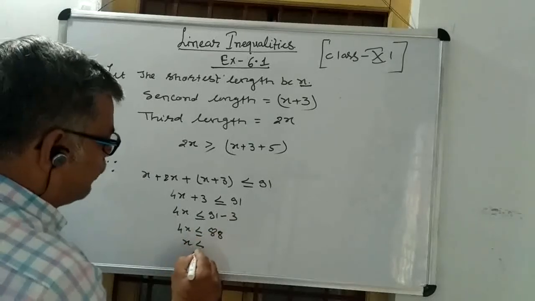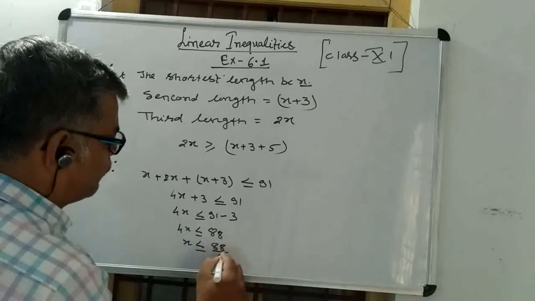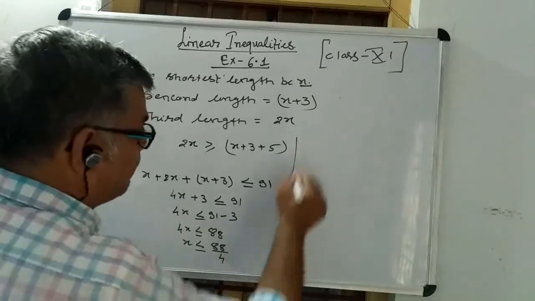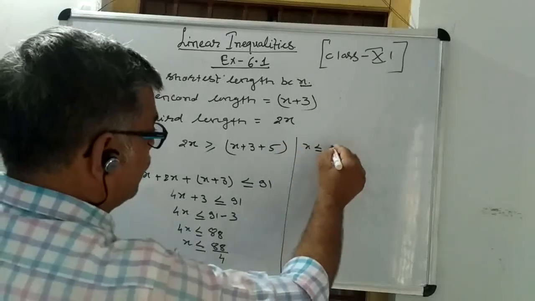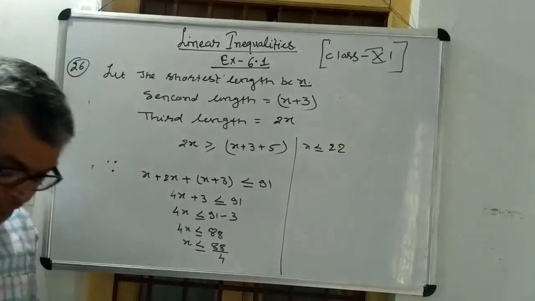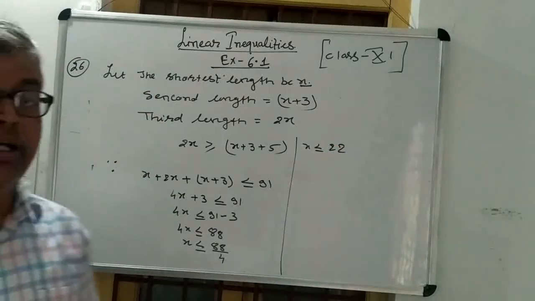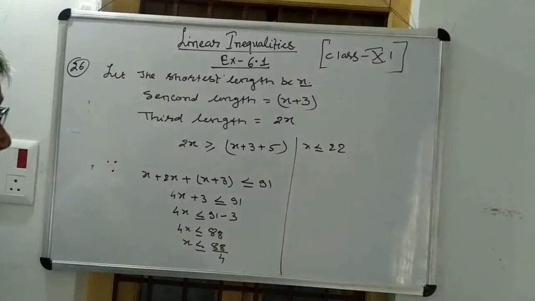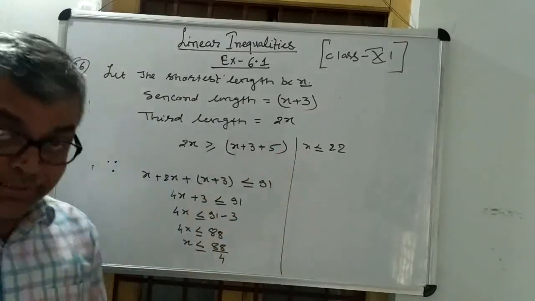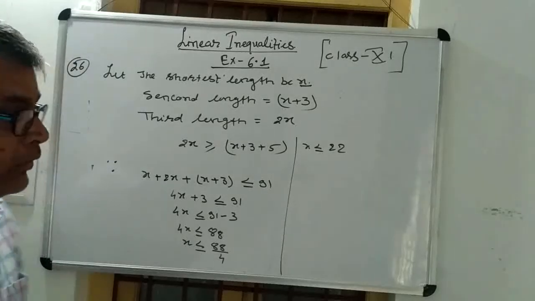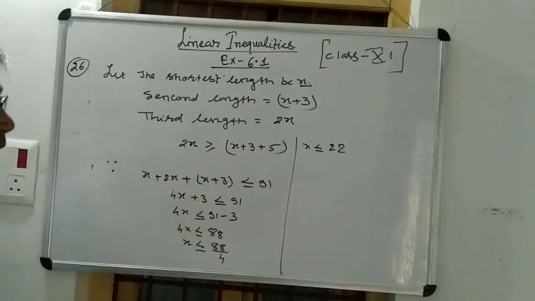So x is less than or equal to 88 by 4, so x is less than or equal to 22. It means the length of the shortest side must be 22 or less than 22. Now there is one more inequality.